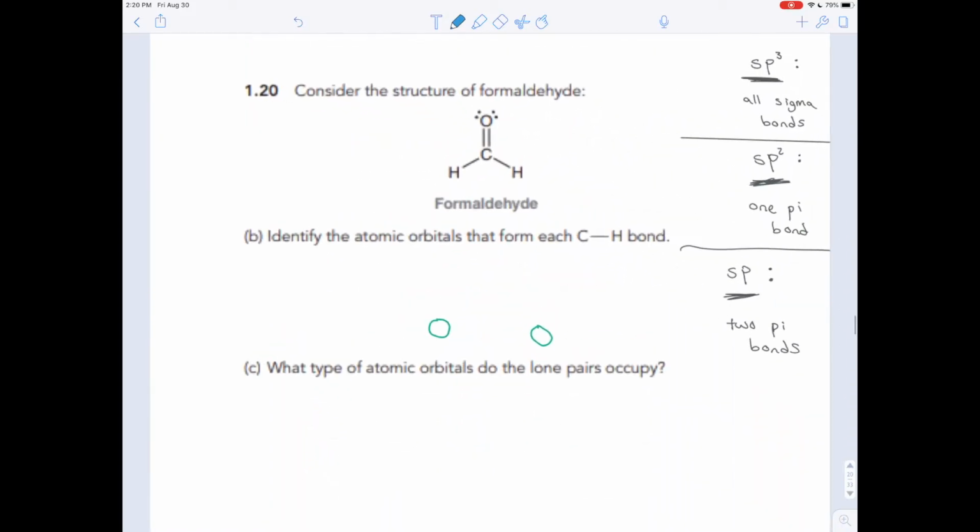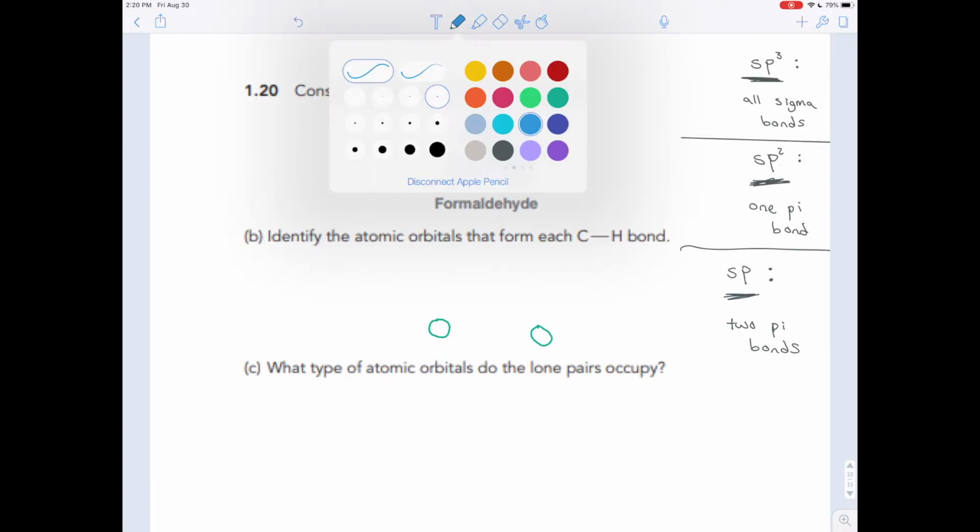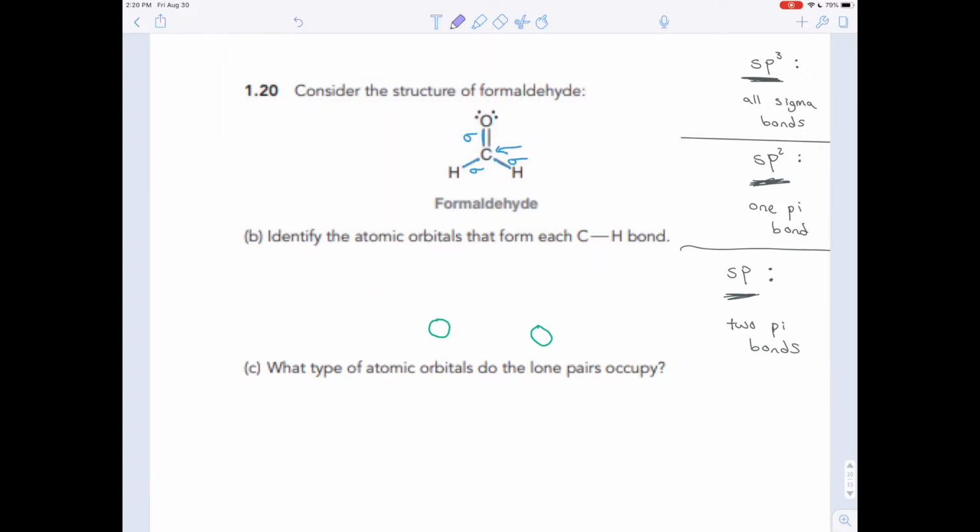So, this carbon here has one sigma bond, two sigma bonds, and three sigma bonds. Remember, a sigma bond is the first bond you ever form between two elements. And every bond after that, so the second bond between this carbon and oxygen, is going to be a pi bond. So this carbon has one pi bond.